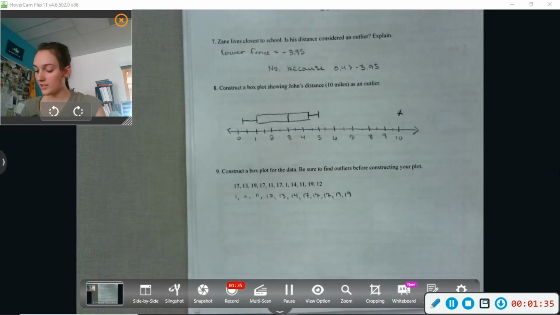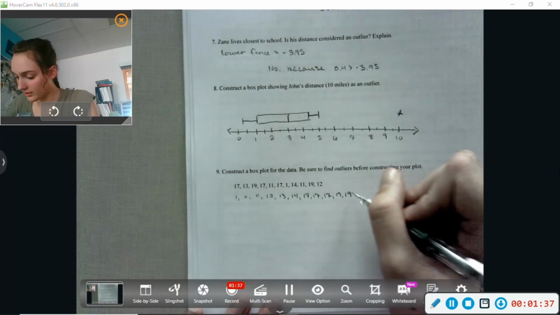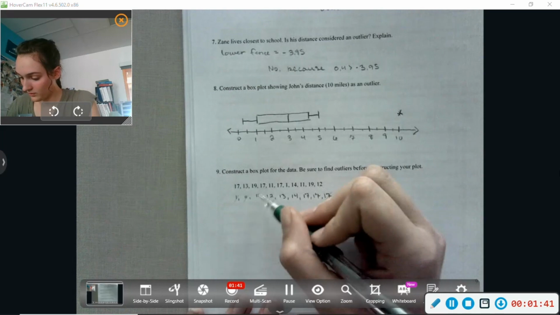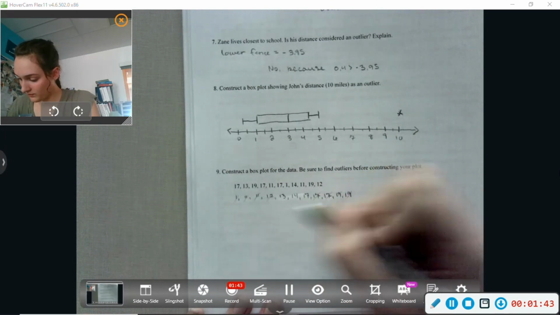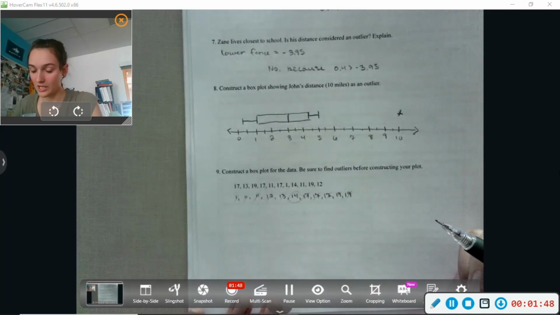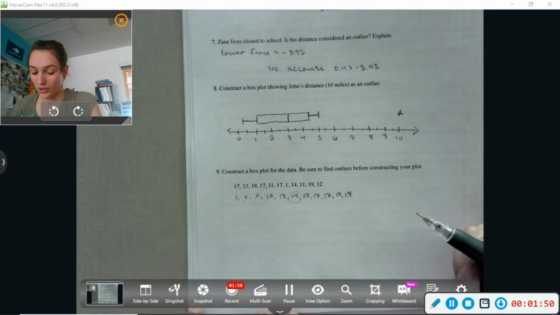First I need to find the median, so I'm going to start crossing out on either end. I find that 14 is my median. Now I need to figure out where my Q1 and my Q3 are.